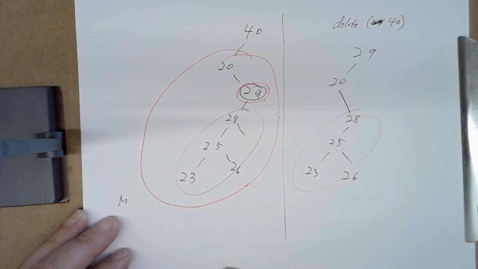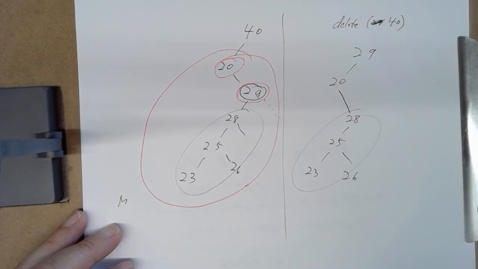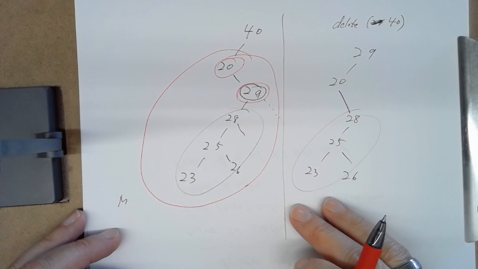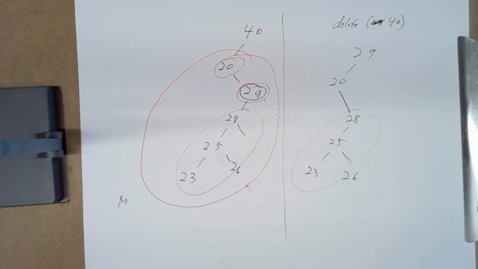And it could be that there's nothing to the right, in which case the root is the largest value in that subtree. Right? If you have a tree where everything is to the left of the root, the root's the largest value. So you may end up going right no times. And these are all edge cases when you write code for this.